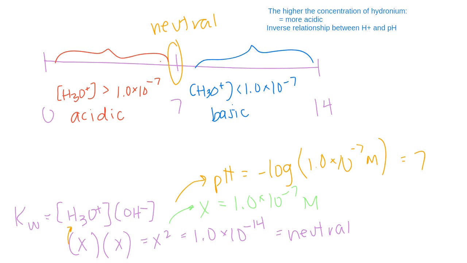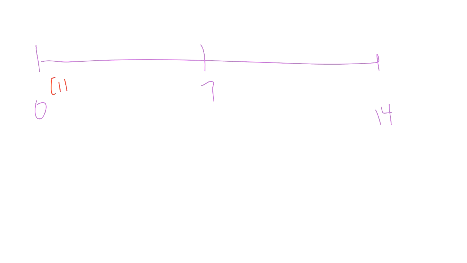So I just want to put everything together one more time before we actually start trying different questions. Let's say we have our line. We said that on the left side, if our hydronium is greater than 1 times 10 to the negative 7, this means that we have a high concentration of H3O plus.